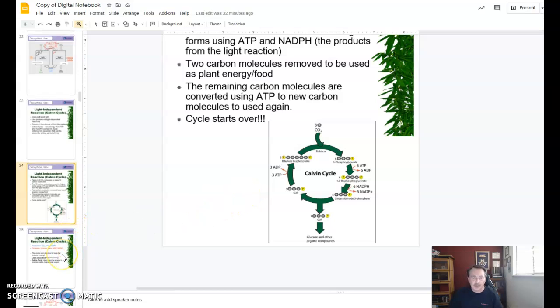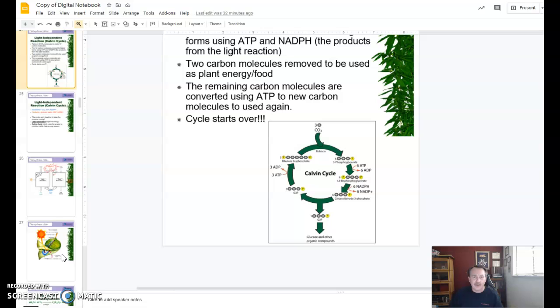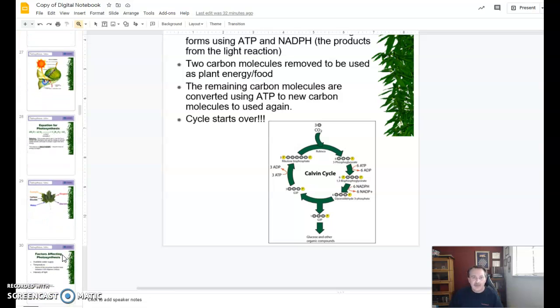All right, so as we're moving along here, slides 25, 26, 27, 28, and 29 are all just slides that have really good information on there. You should know what's going on in there, but I didn't add anything else to it.